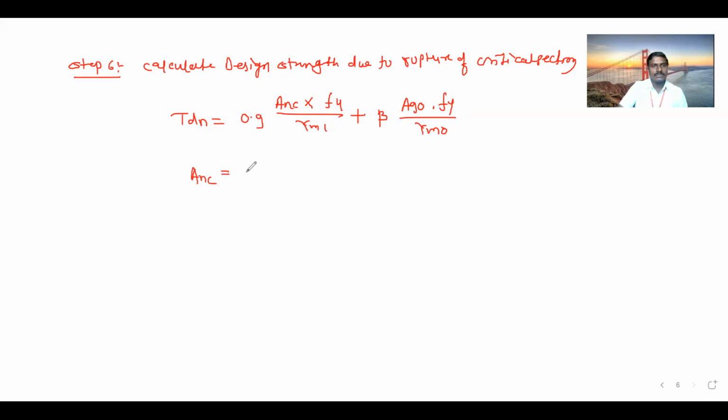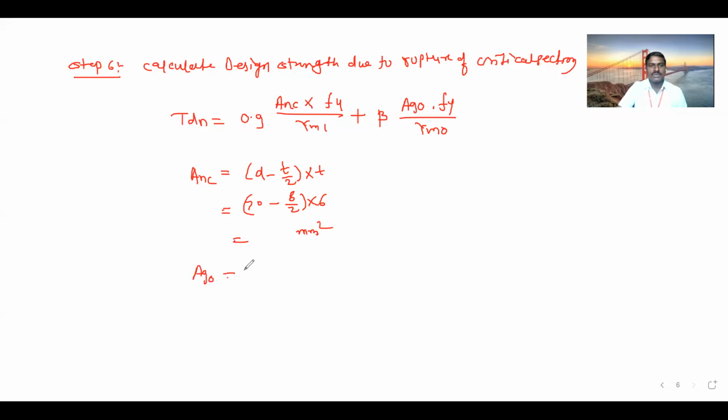What is Anc? Net area of connected leg. For welded connection it is (D minus t by 2) into t. So D is 70 minus t, which is 6, by 2 into 6. So how much is Anc?